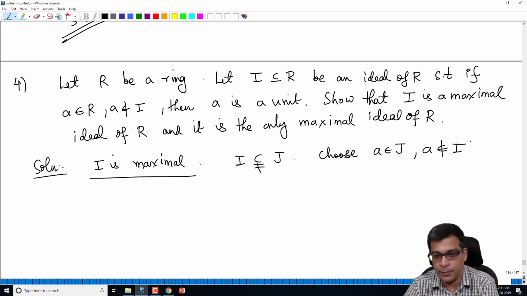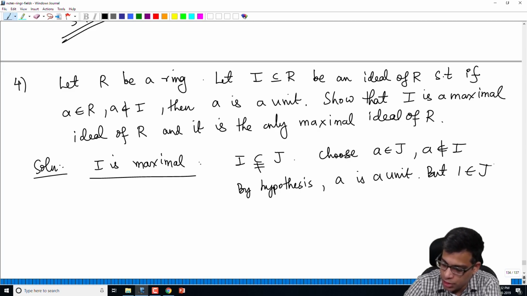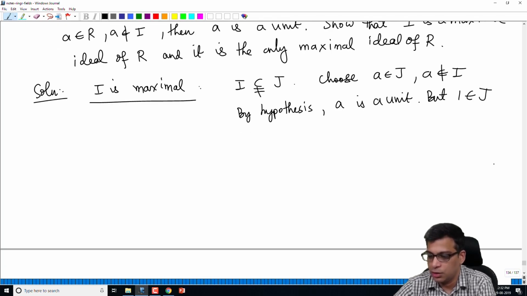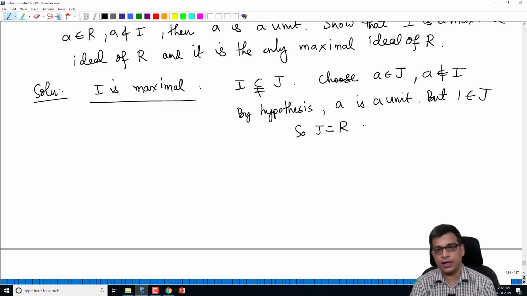If J is a strictly bigger ideal, it must contain an element which is not in I. But by hypothesis, what is the hypothesis? Every element of the ring which is not in I is a unit. So A is a unit. But then 1 belongs to J because A times something is 1, A is in J, so 1 is in J, so J is R.